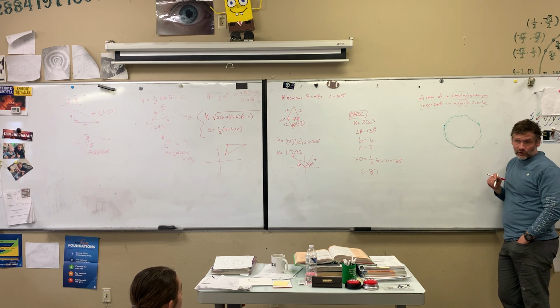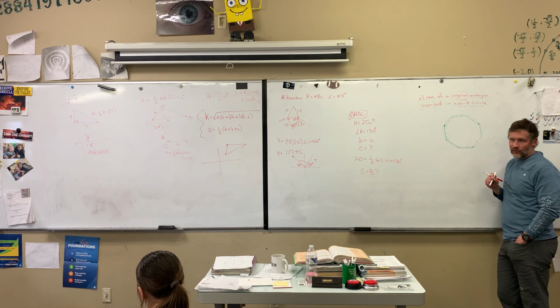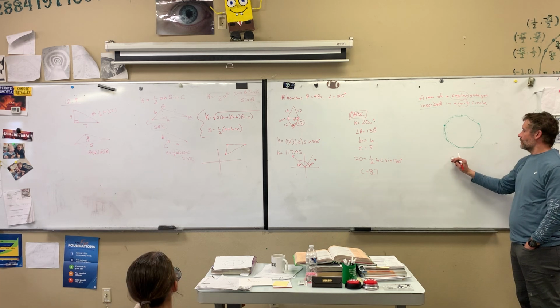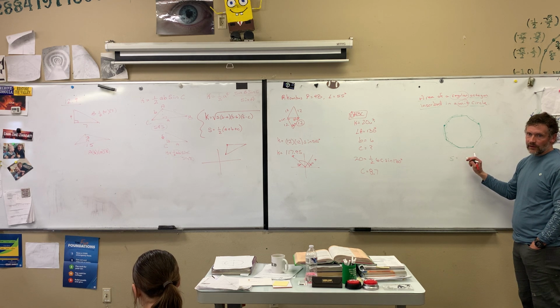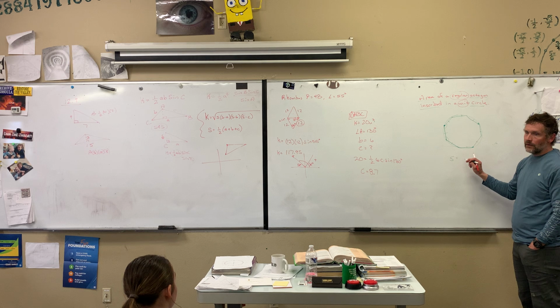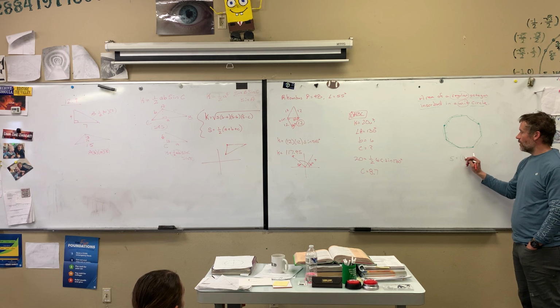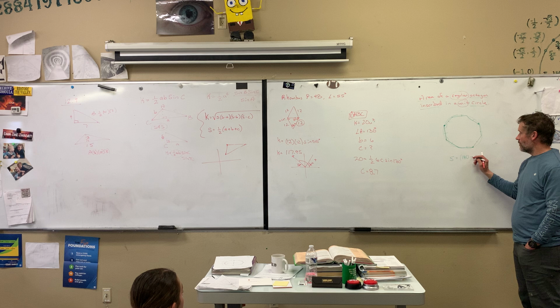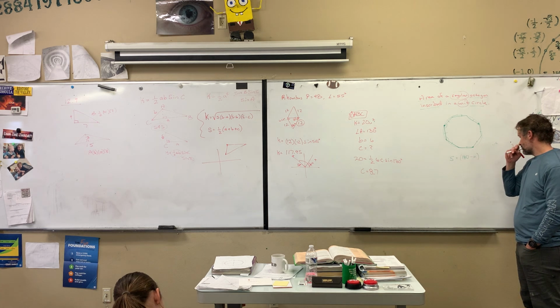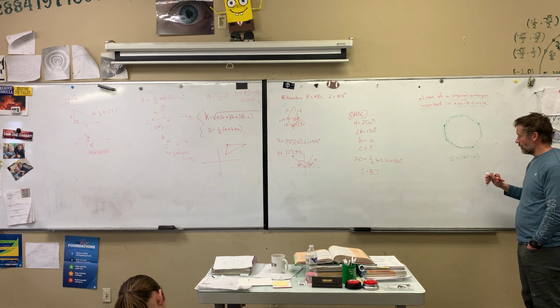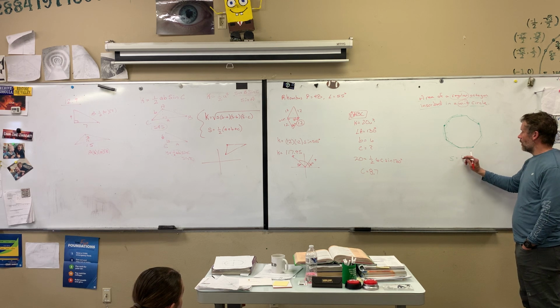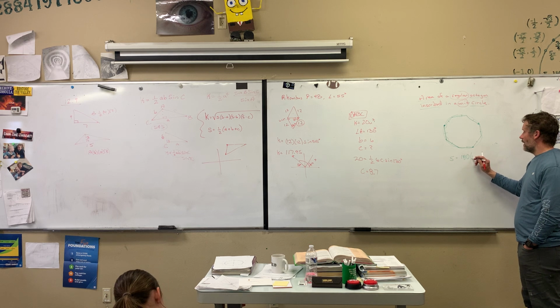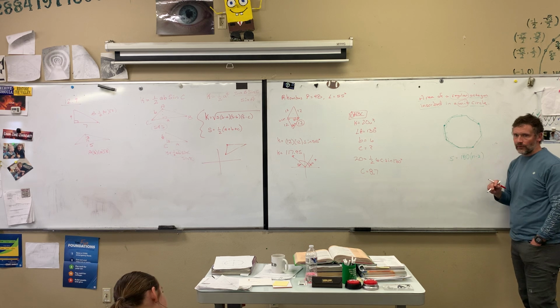There's a formula, which in the end you wouldn't need to know, but there's two ways to go about it. The sum of the measures of a regular polygon is equal to 180 times n minus 2, where n is the number of sides.